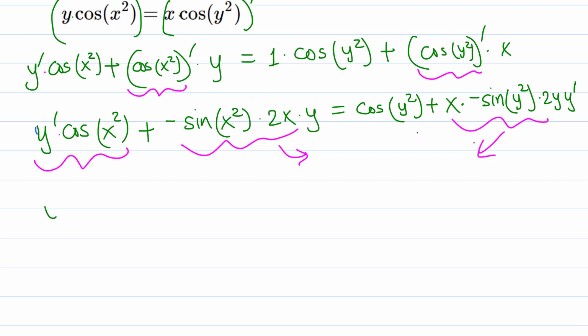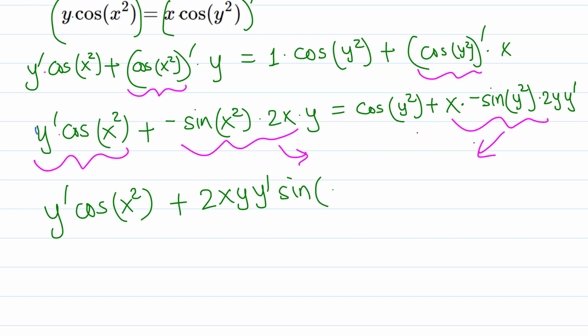So we have y prime cosine x squared already on the left. This is negative, so we have to add. So plus 2x y prime sine y squared, equals this cosine y squared, which is already on the right. Now we are adding, so this negative becomes plus 2xy sine x squared.